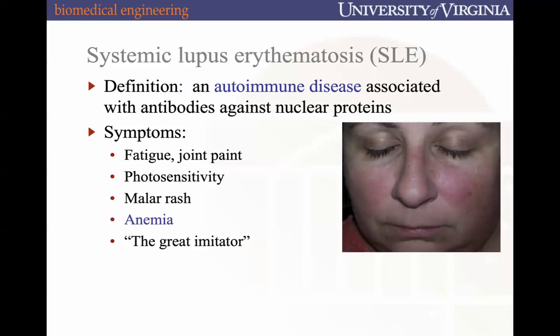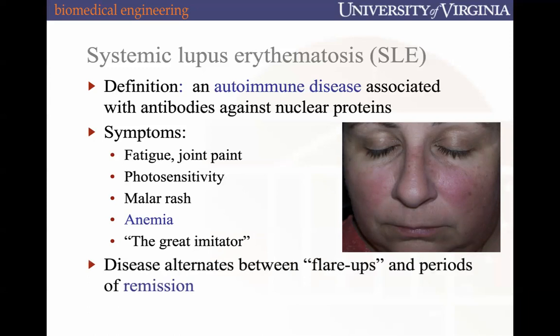It's difficult to diagnose because there are a lot of other things these symptoms could also be pointing towards. The presence of antibodies against nuclear proteins is a main diagnostic criterion. The malar rash and photosensitivity are often also criteria, but generally, if you meet over a certain number of criteria, you would be considered a patient with SLE.